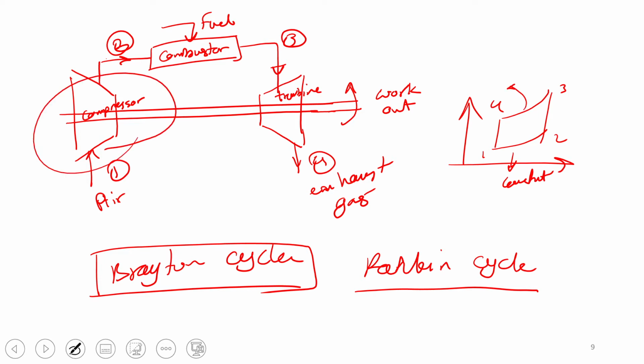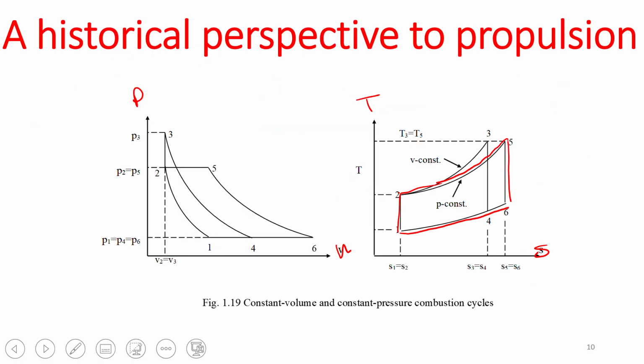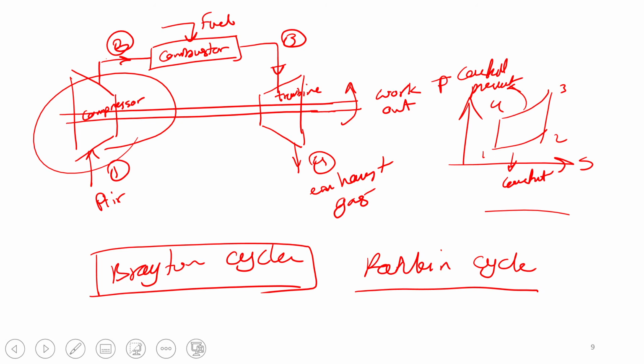You have constant pressure happening here in the turbine, and then you have constant entropy happening from 2 to 3 and 4 to 1. And you should definitely note that these are all ideal cycles.